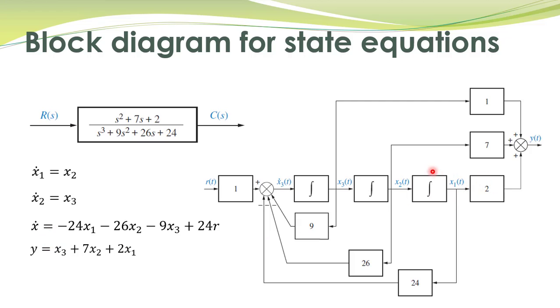Basically, this part over here is the same as for the previous example. We have implemented these state equations, and the implementation of the output equation is over here. This output is equal to 2 multiplied by x1, 7 multiplied by x2, and 1 multiplied by x3, and then all these signals are added to get the output.